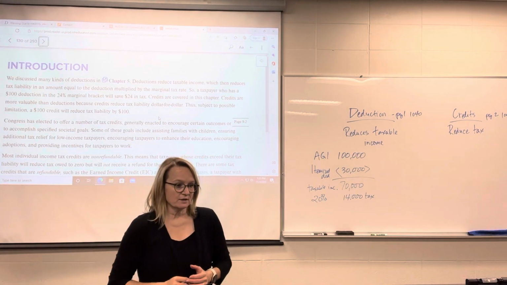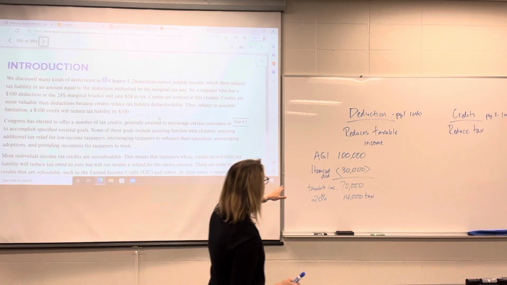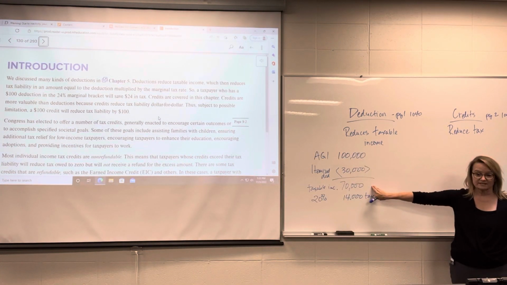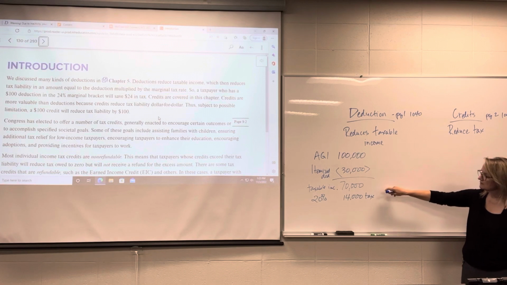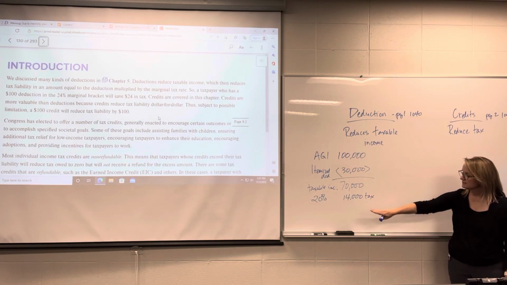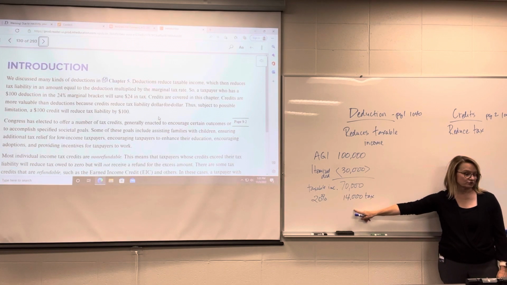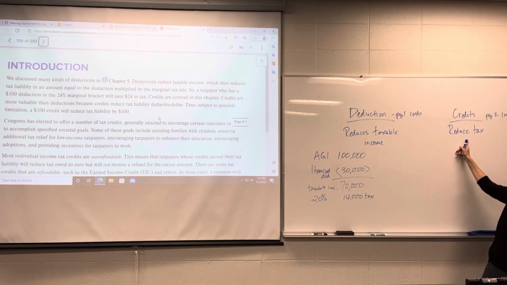And we would stop there as far as our deductions are concerned. So those deductions reduced our taxable income. If we have a credit, that credit is going to come into effect after we've done this whole calculation, after we've figured out what our tax is, because it reduces our tax.